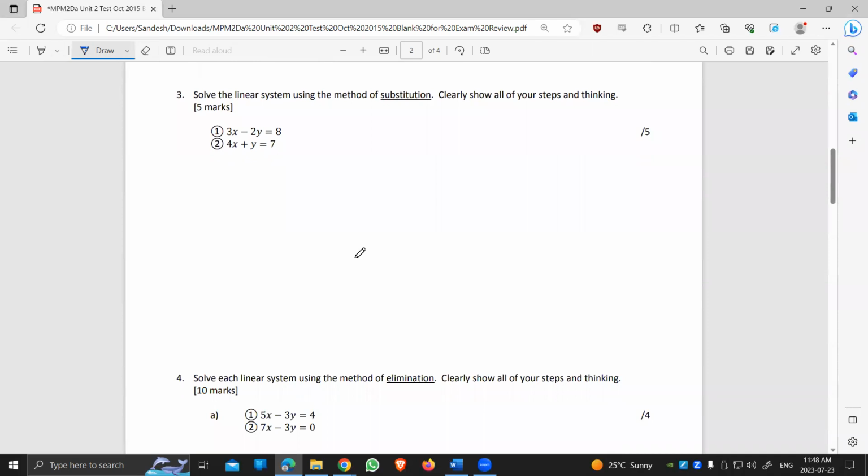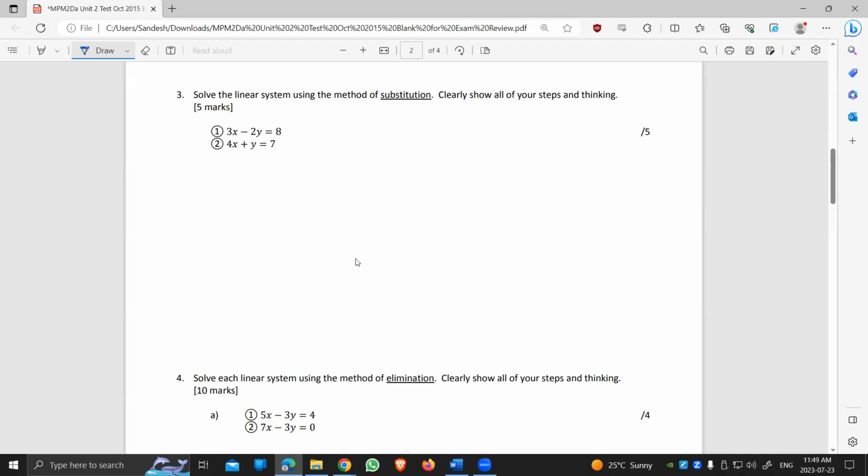This one says solve using substitution and substitution only. Which one is the easiest thing to substitute here? It's asking us to do substitution.